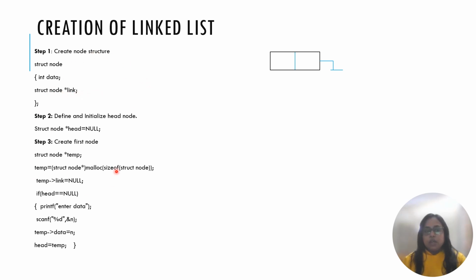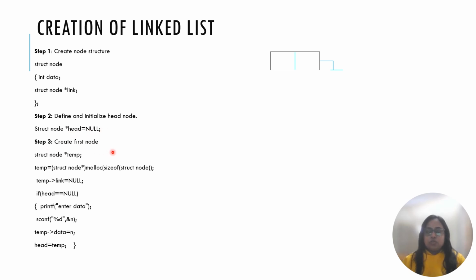I have given here some pseudo code in C, because that is the general development programming language for any data structure. So here, using the struct keyword, I have defined one node structure which has two parts: data and struct node *link. Link is basically this node type pointer. Then I've taken another pointer head which is null initially.